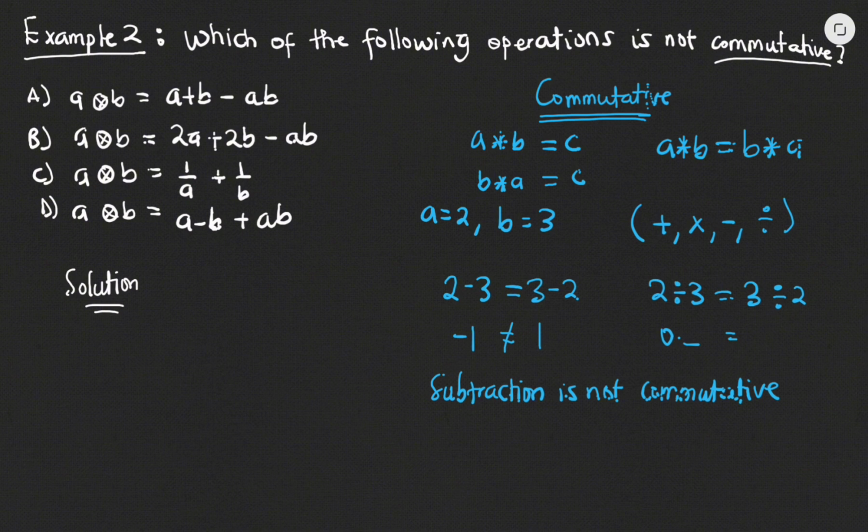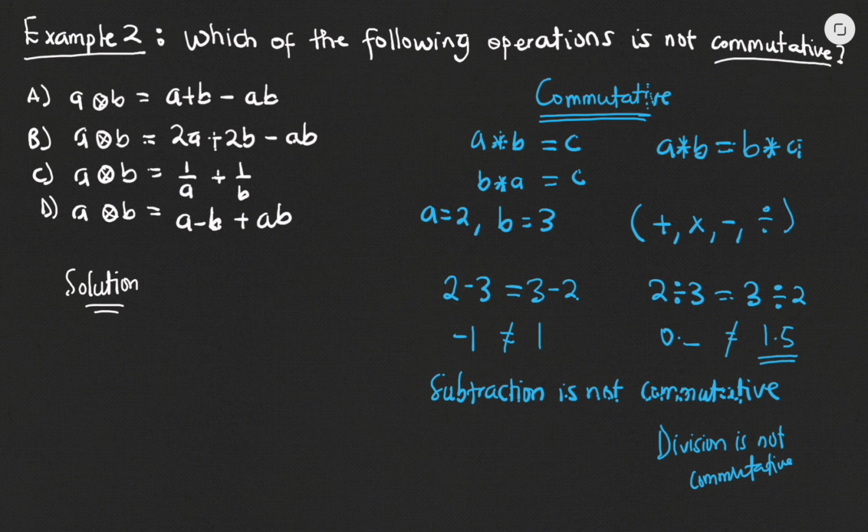Because we have 3 apples and we are sharing it among 2 people, we'll be getting 1.5. So 0 point something and 1 point something are not equal. So therefore it also means that division is not commutative.